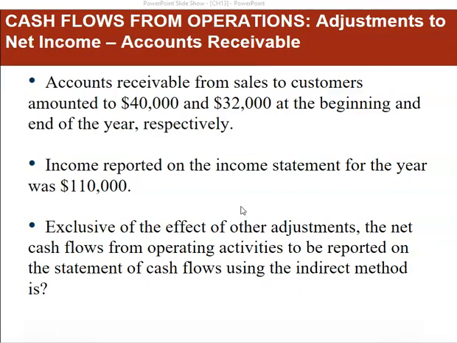Okay, so continuing our discussion of cash flows from operations, we're going to start making some of those adjustments that we discussed. Now, we've had some examples of this already, but the more we look at this, hopefully the more sense it will make to you. It says here accounts receivable from sales to customers amounted to $40,000 and $32,000 at the beginning and end of the year, respectively.